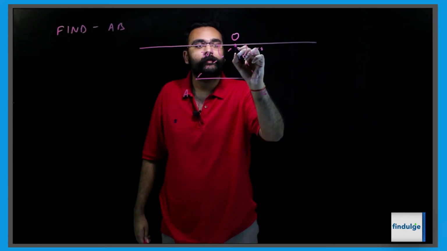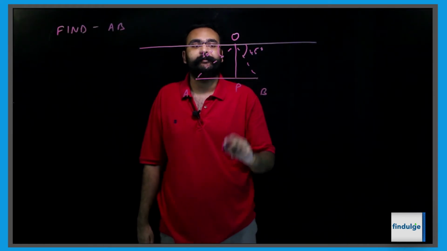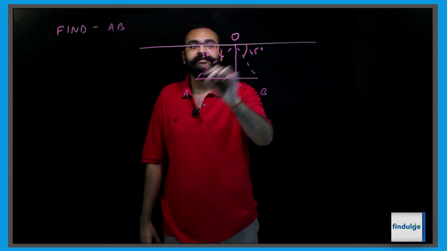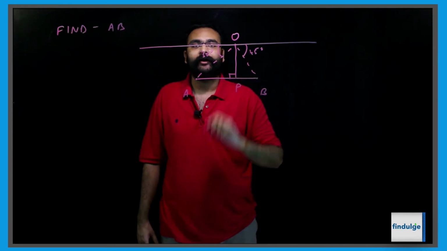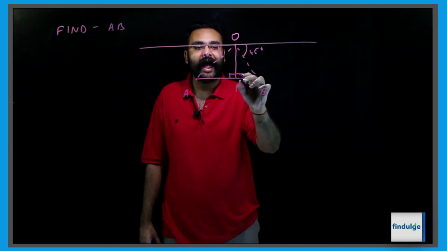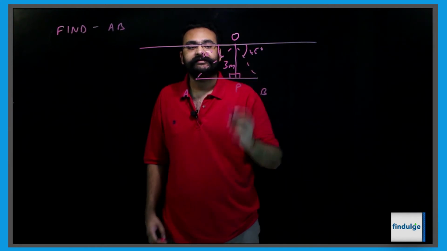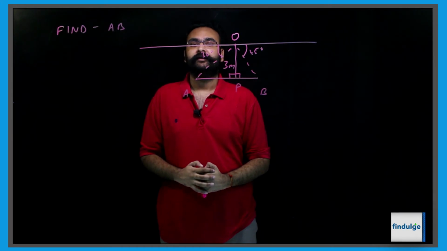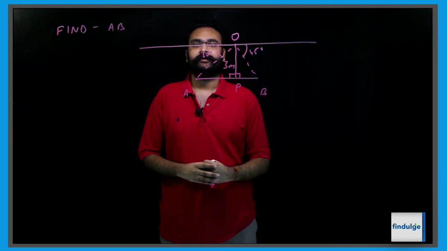So if I draw a perpendicular from O, let us say it meets the river AB at point P. This creates two right angle triangles, OPA and OPB. And the length of OP is 3 meters because the bridge is 3 meters above the river. So this is the information I'm currently presented with.